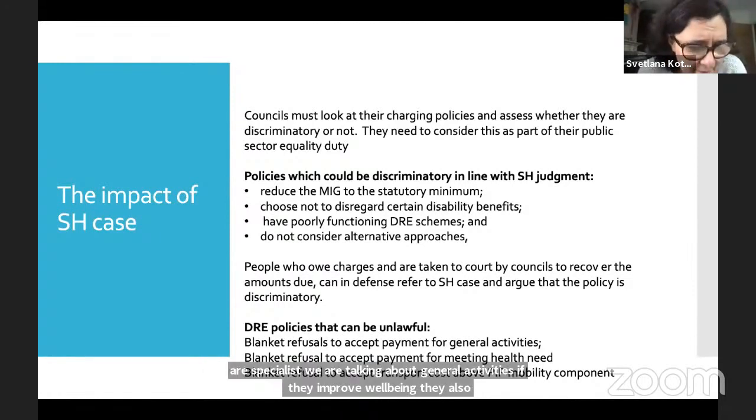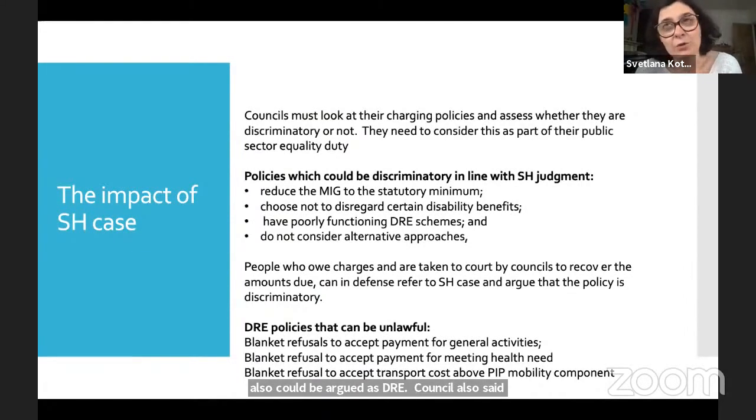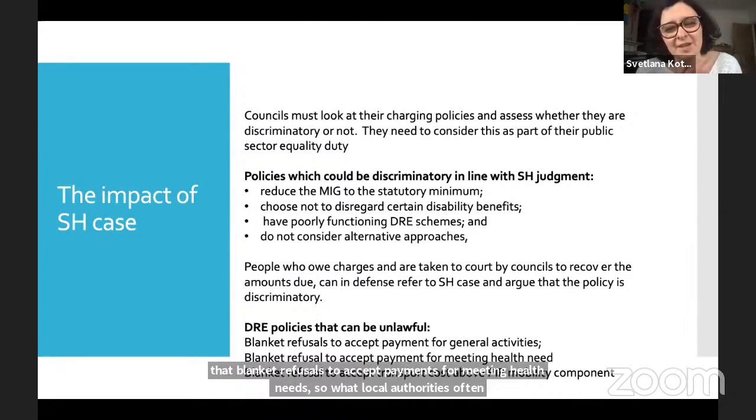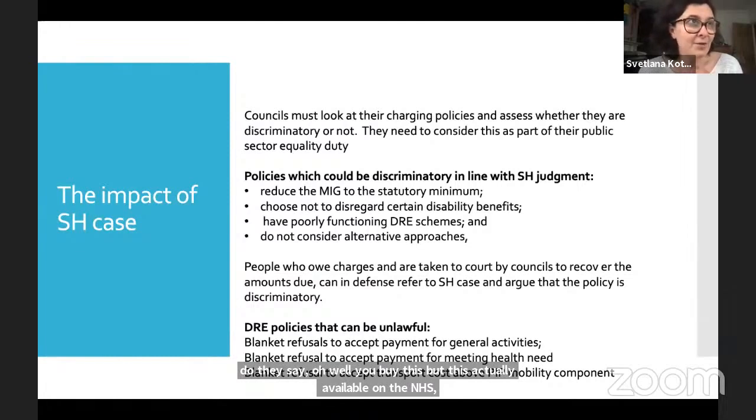The lawyers also said that blanket refusals to accept payments for meeting health needs could be discriminatory. So what local authorities often do, they say, oh, well, you buy this, but this is actually available on the NHS. You paid for this expensive wheelchair, well, but you could have got a wheelchair from the NHS. Or you pay for your private counseling, but actually it could be done through the NHS.